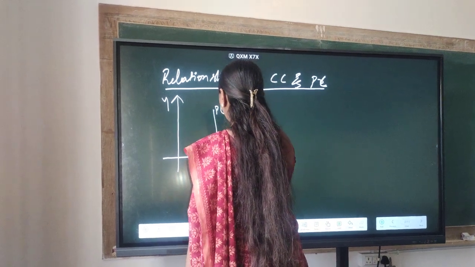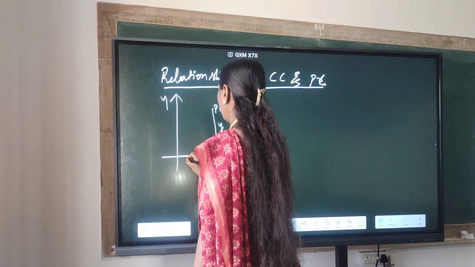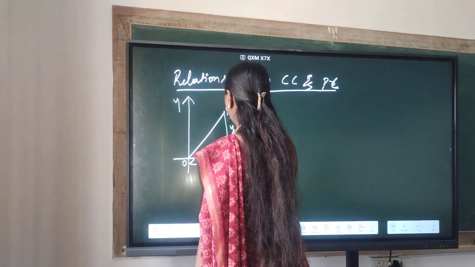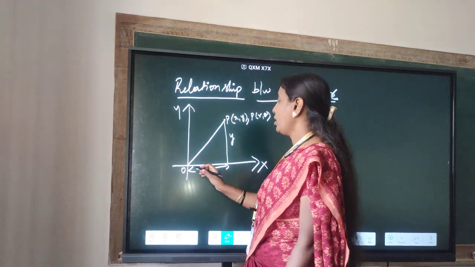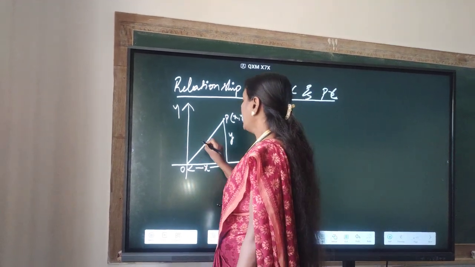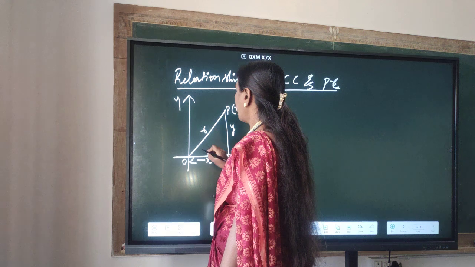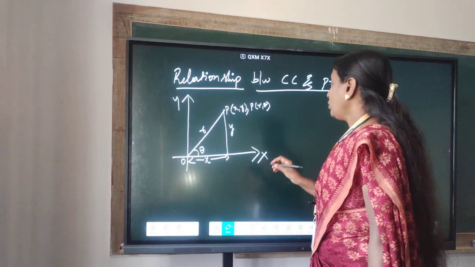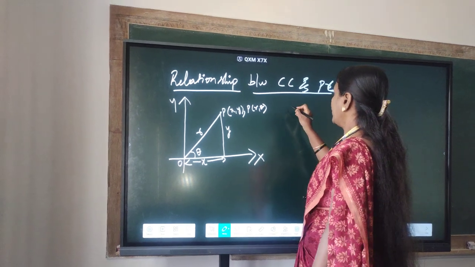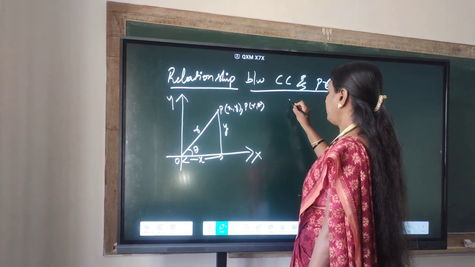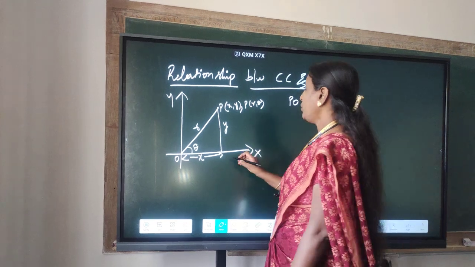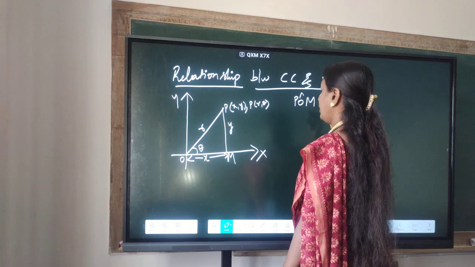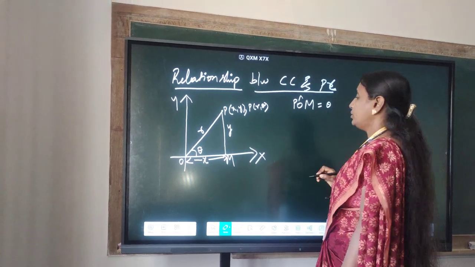As we know, this distance is y and this is x, this is the origin according to Cartesian coordinates, or pole according to polar coordinates, and this distance is r, the radius vector, and this is the angle theta. Now in this right angle triangle, call it POM, angle POM equals theta.